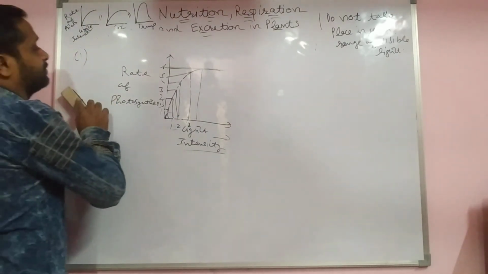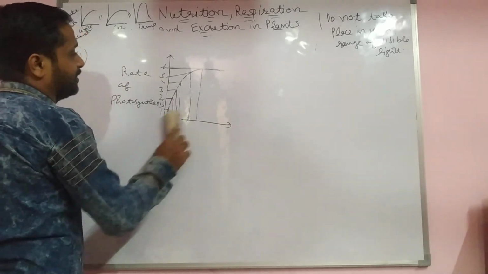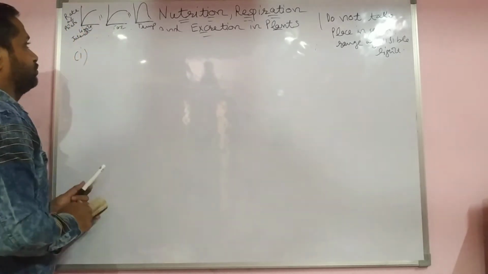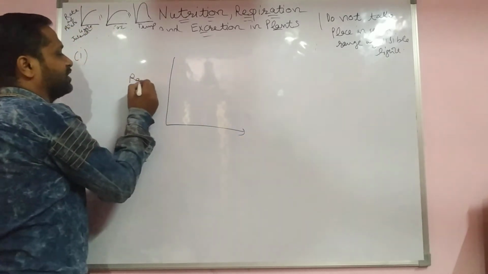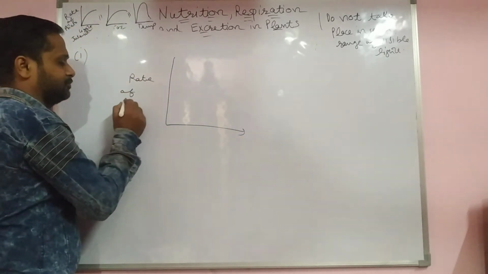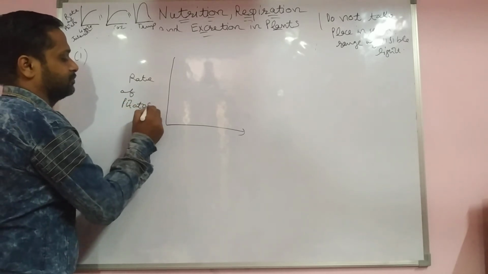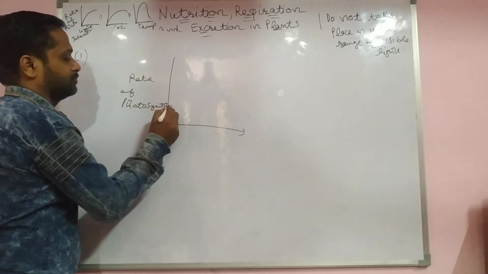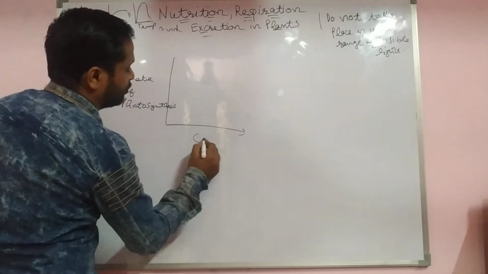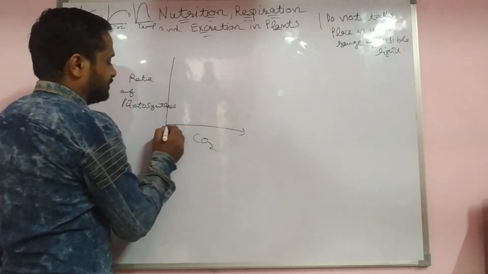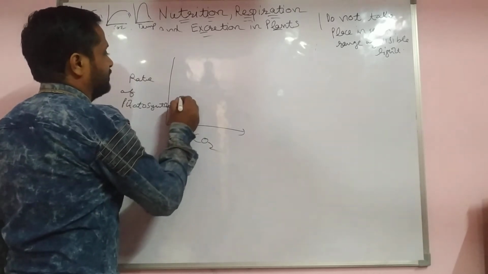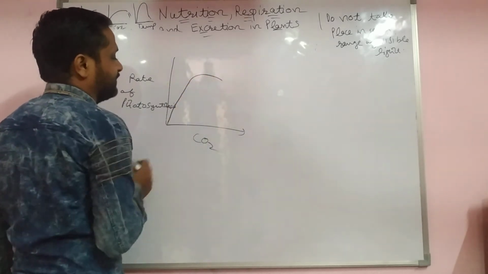Second graph: if we take CO2, the graph is between the rate of photosynthesis and the intensity, the quantity of CO2. Yes, this graph is also like this, students.